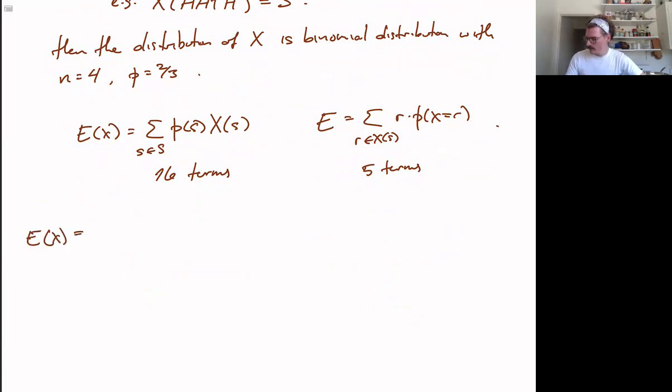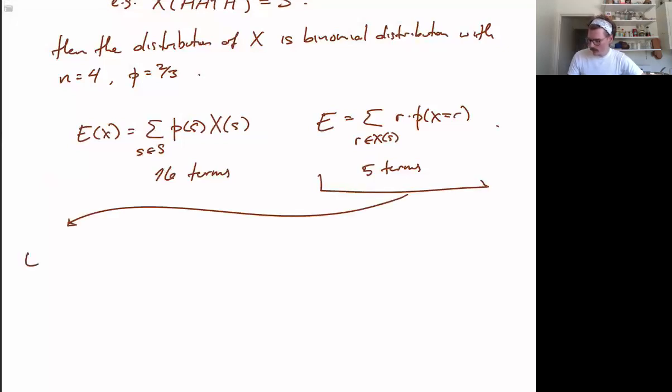So let's say using this, we compute expected value of X is, so for each term, we want that value that X takes times the probability that it takes that value. So like we said, the possible values are 0 through 4. So let's start with 0.